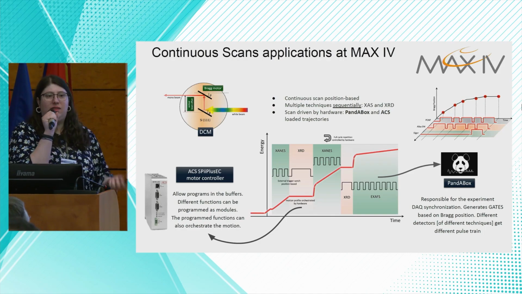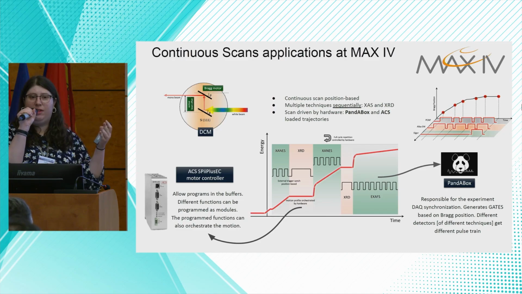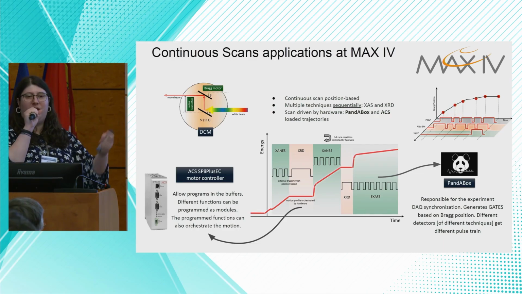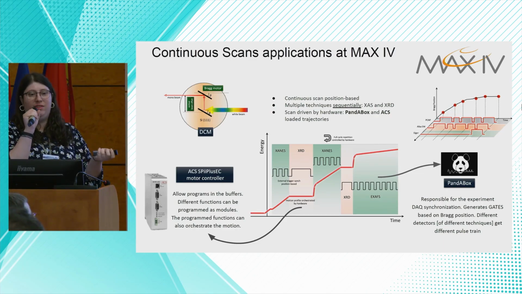And nowadays, they can do energy scanning very fast, in sub-second resolution. So launching a new scan takes more time to open the file and arm the detectors than to actually scan the energy around a certain energy edge.